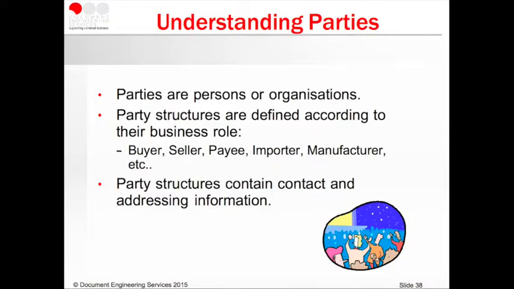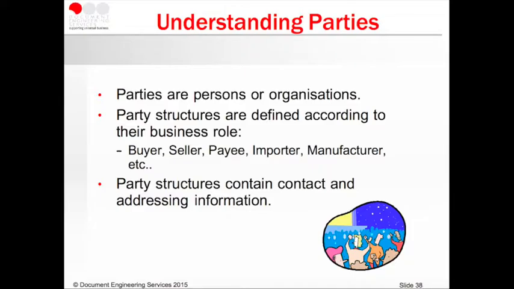So let's start by looking at what we mean by party. A party isn't really the thing that's in the bottom right-hand corner in a UBL context. A party is either a person or an organization, an entity participating in a trading or business relationship. And parties perform different roles.